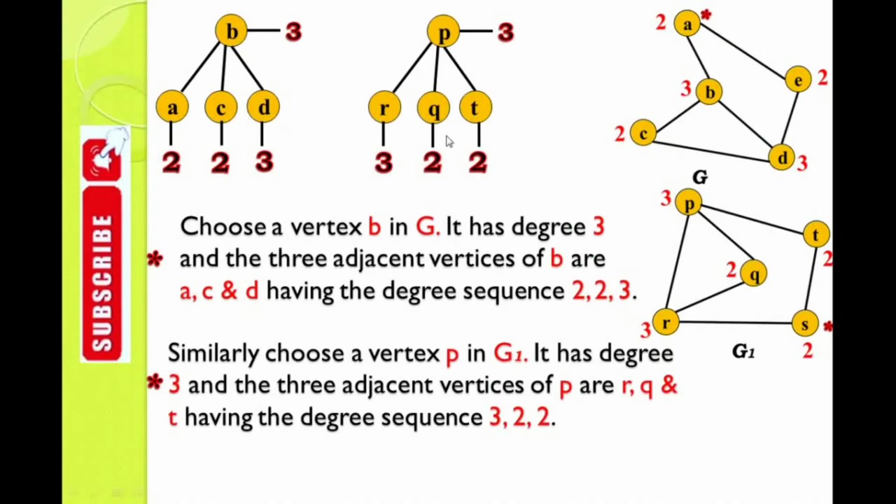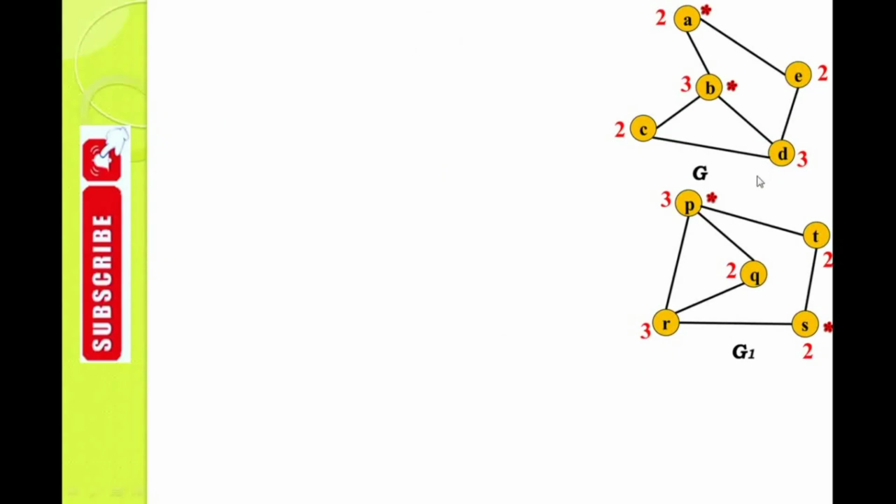There are 3 adjacent vertices of P, that is R, Q and T having degree sequence 3, 2, 2. Therefore, F of B equals P. Every pre-image having an image. Therefore, this is called adjacency preserved. B is related to P.